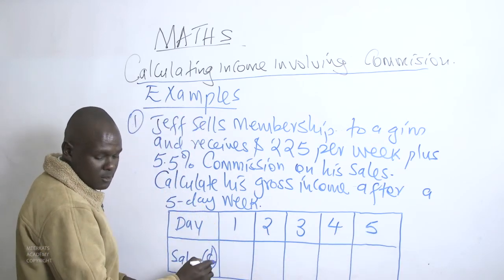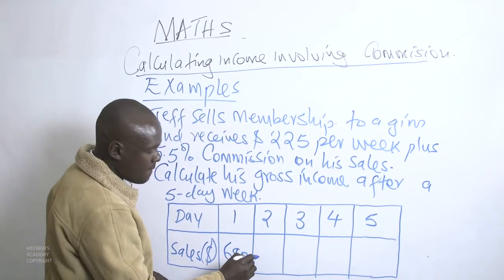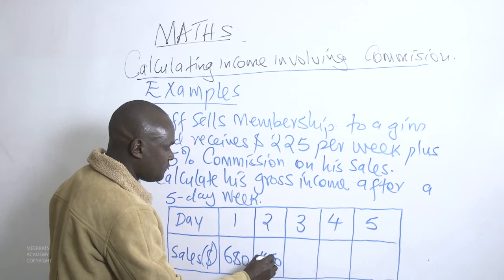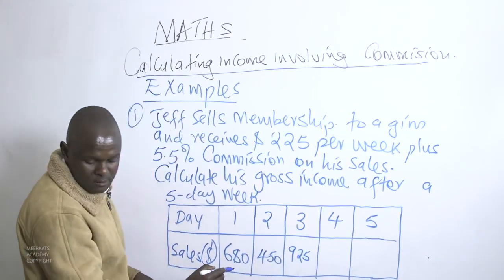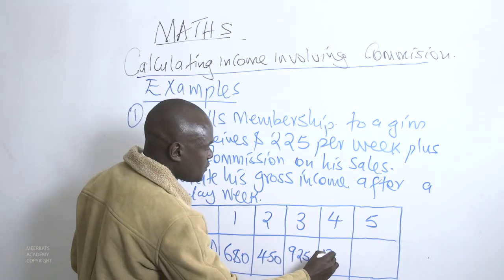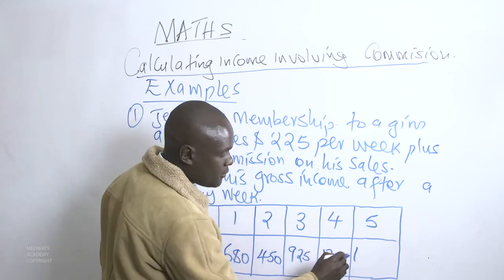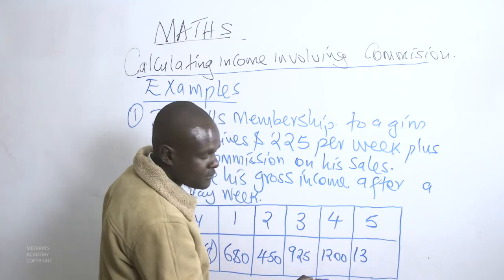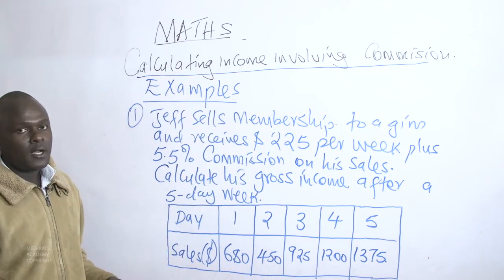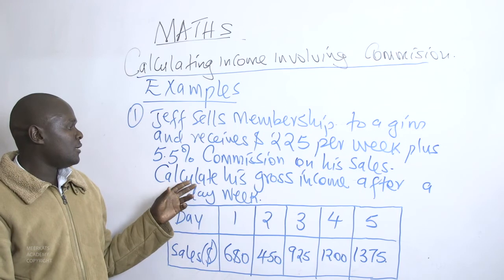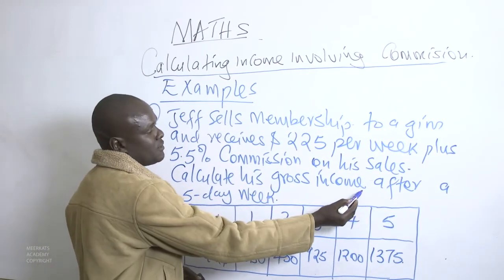In the first day, his sales were $680. Second day, $450. Then $925. $1,200 on the fourth day, and on the fifth day, the sales were $1,375.